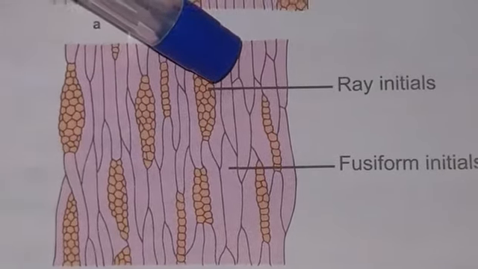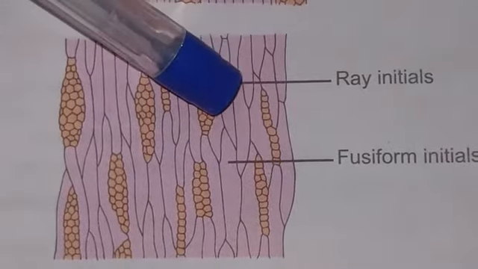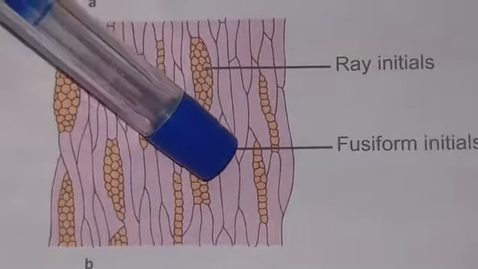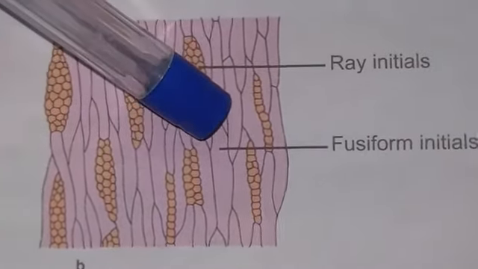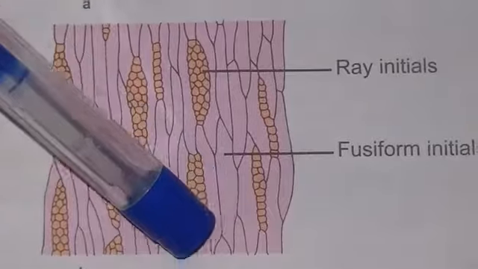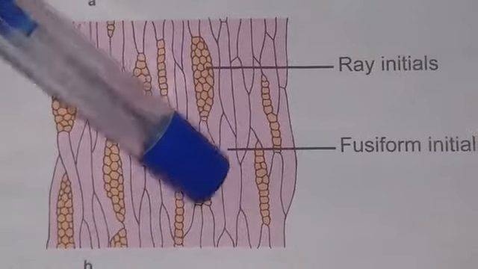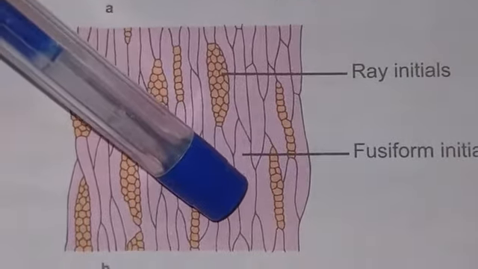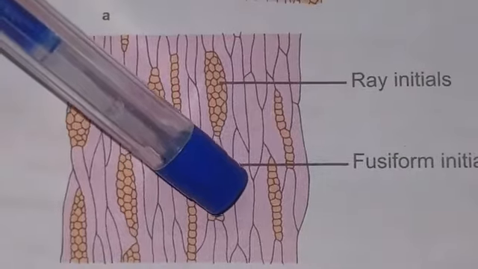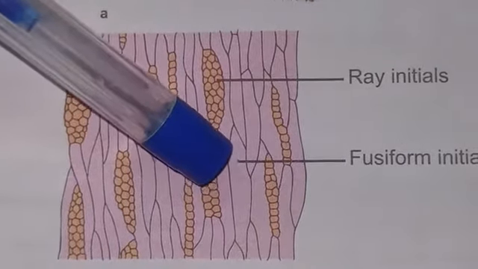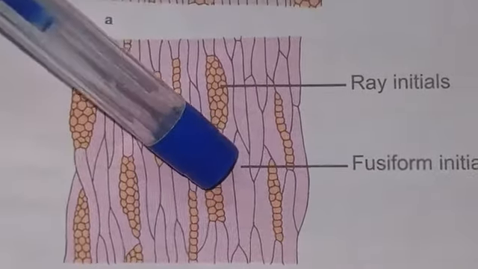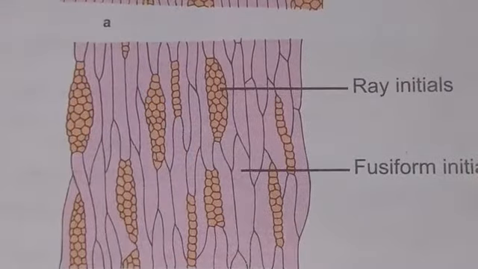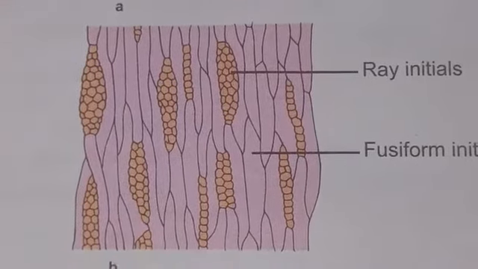In some plants, if the fusiform initial is long, the ends of the fusiform initials are strongly overlapped with each other. Such a type of cambium is called non-storied or non-stratified vascular cambium.